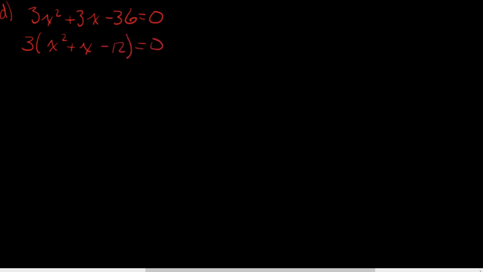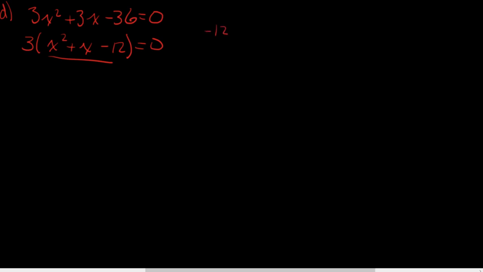Alright, D says 3x squared plus 3x minus 36 is equal to 0. Again, just going through the checklist, I realize I can pull out a 3, so I'll get x squared plus x minus 12 is equal to 0. This can be factored further.